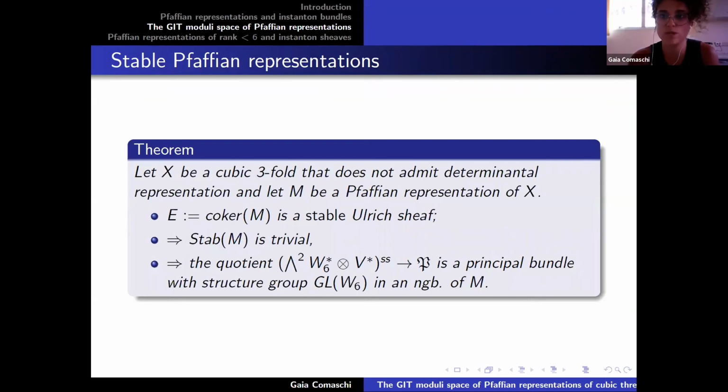The fact that we don't have rank 1 Hurwicz sheaves will imply the stability of the rank 2 Hurwicz sheaves on the cubic. We will deduce that the stabilizer of the Pfaffian representation will be trivial. So in particular, if we look at the local structure of the quotient in a neighborhood of this representation, the quotient looks like a principal bundle with this structure group.